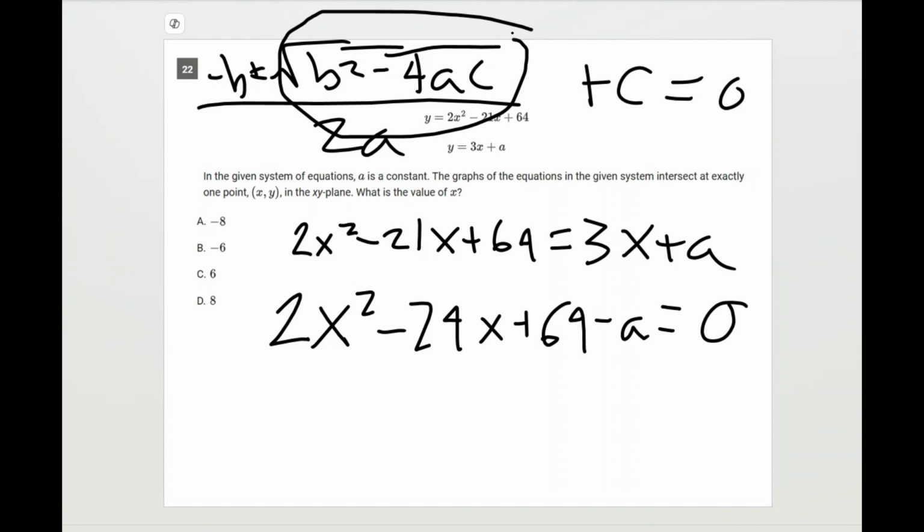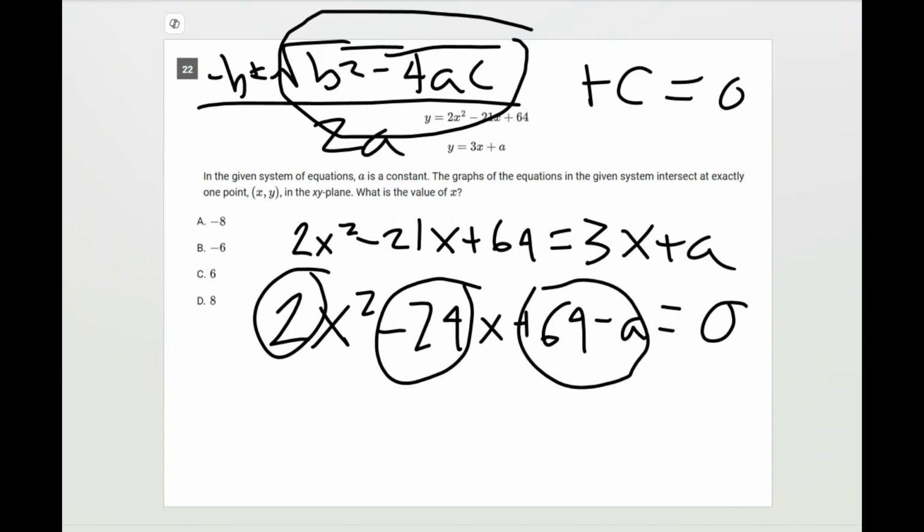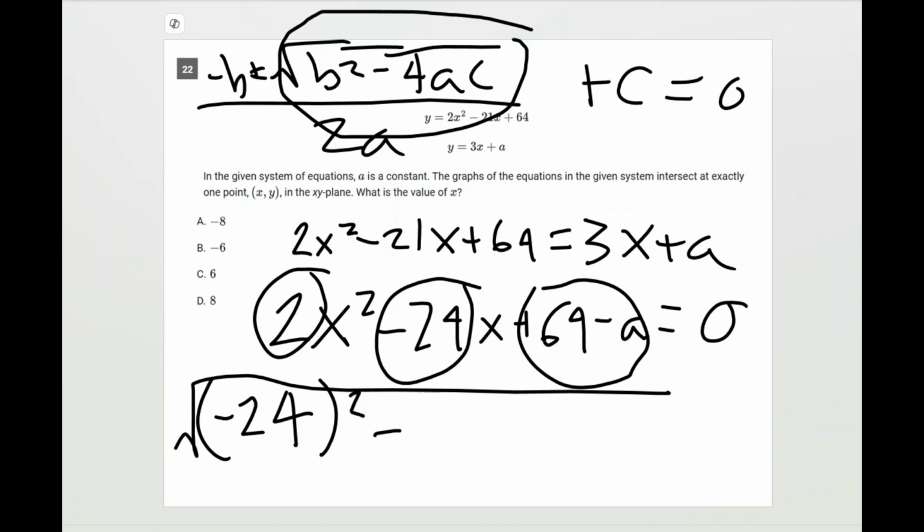So you can plug those parts in the problem knowing that 2 is a, negative 24 is b, and 64 minus a is c. So negative 24 squared minus 4 times 2 times 64 minus a equals 0.